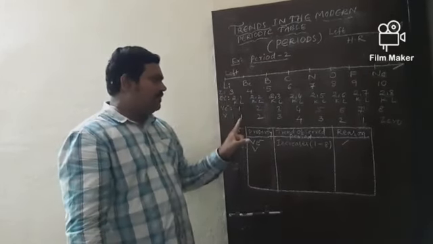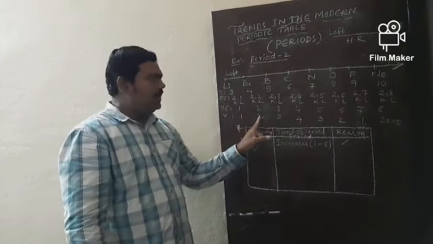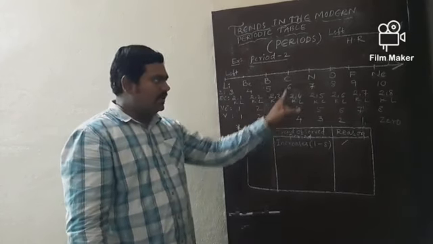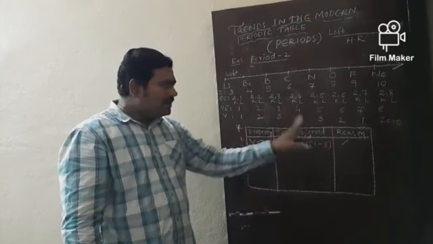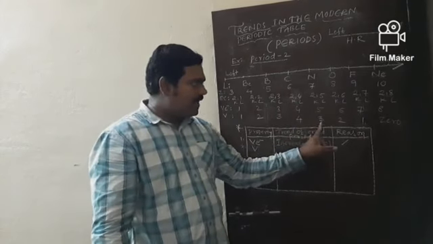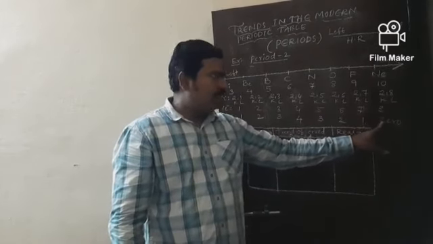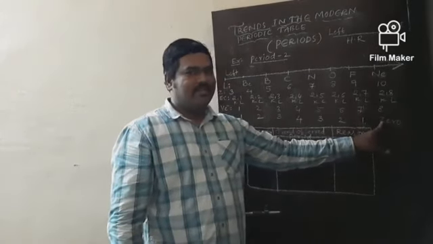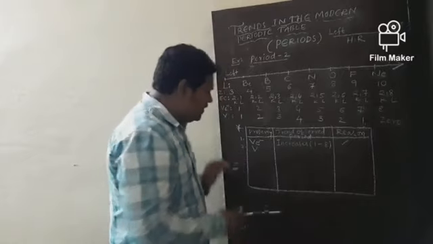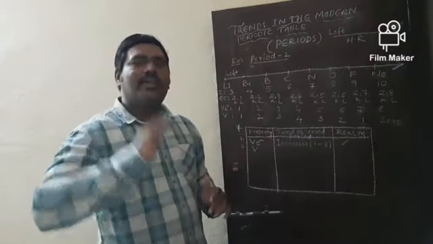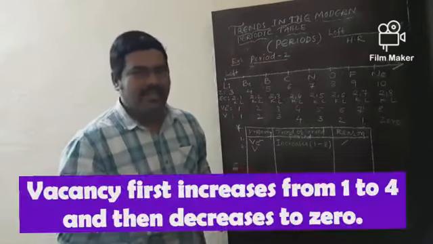Now coming to valency. How does the valency vary from left to right side? See, the valency of lithium is 1, beryllium 2, boron 3, carbon 4. But after carbon, the valency again decreases: nitrogen 3, oxygen 2, fluorine 1 and becomes 0 at the noble gas. So what is the trend observed here? Valency does not increase in a regular manner.